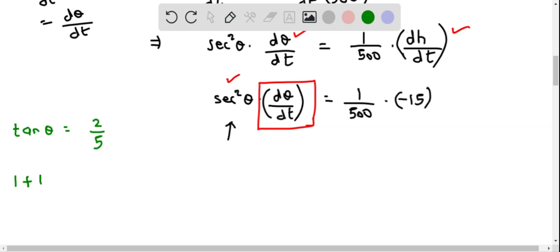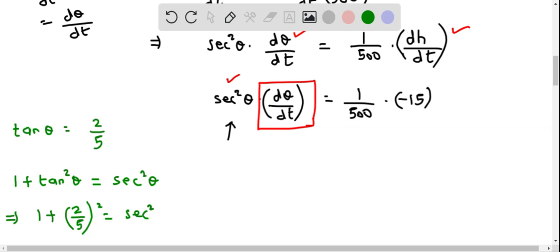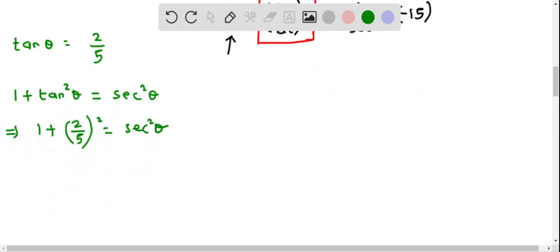We have the Pythagorean trigonometric identity: 1 plus tan square theta equals secant square theta. I'm going to substitute tan theta equals 2 by 5 into this identity. So I put 1 plus 2 by 5 quantity squared equals secant square theta. We can simplify this further: 1 plus 4 by 25 equals secant square theta.